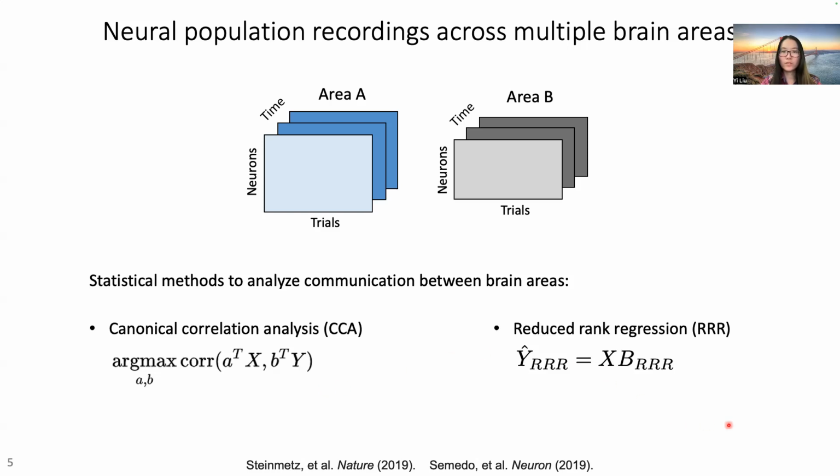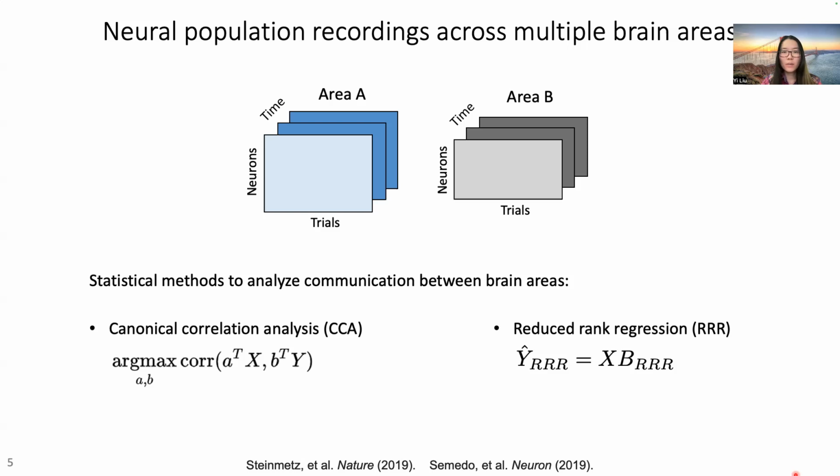And there's also the reduced rank regression, which finds subspaces in the source area so that the variance explained by the neural activity within the subspace is maximized in the target area. These methods deal with the challenge of analyzing two high-dimensional data by finding low-dimensional communication subspaces in the neural population.